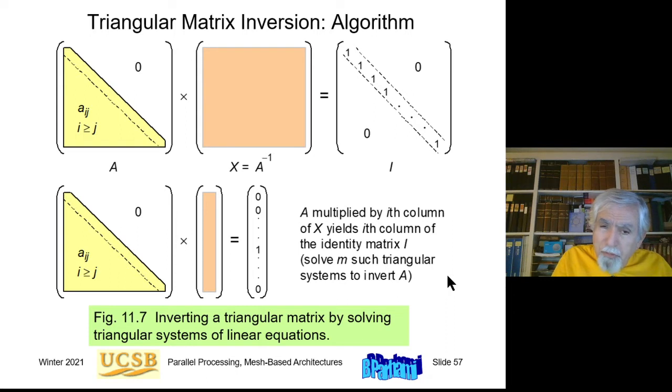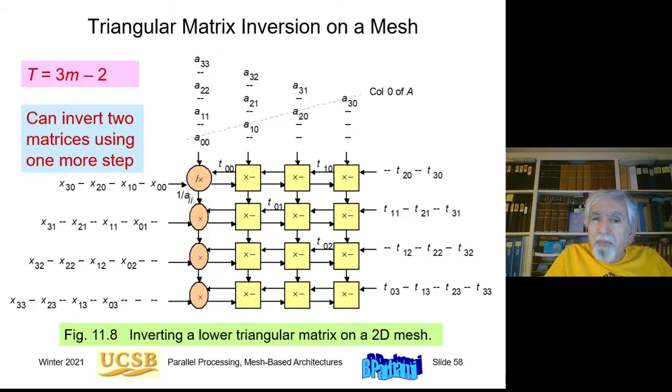Therefore, computing this inverse reduces to solving concurrently several linear systems of equations with the triangular coefficient matrix. And this can be done by a mesh-connected computer as shown here.